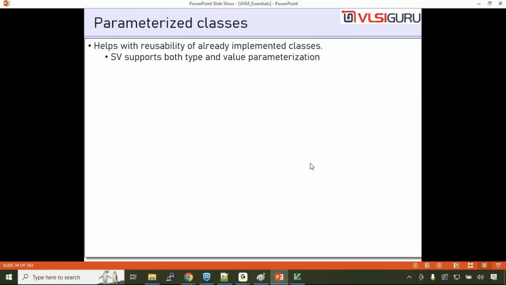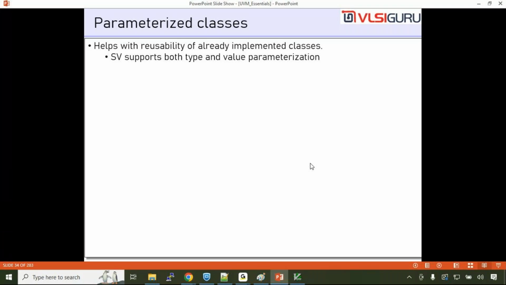That is very relevant for UVM, because in UVM also you want to use the same UVM driver to work like an APB driver, to work like an AXI driver, to work like a memory driver. You want the same base class to work like different components, different categories of classes.